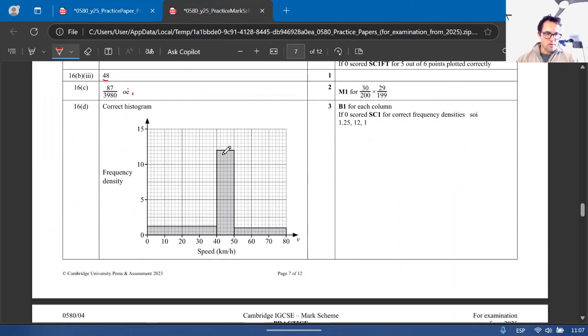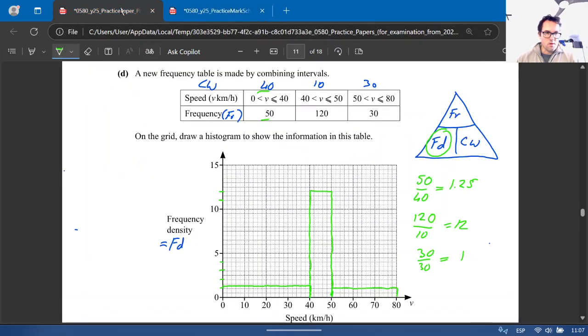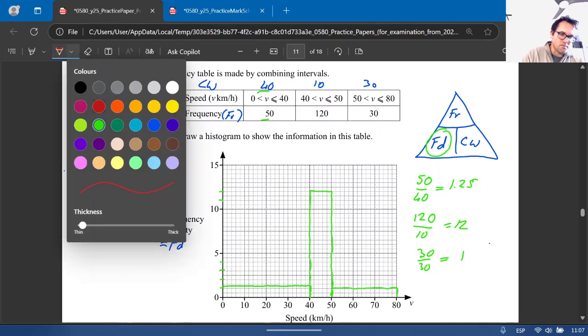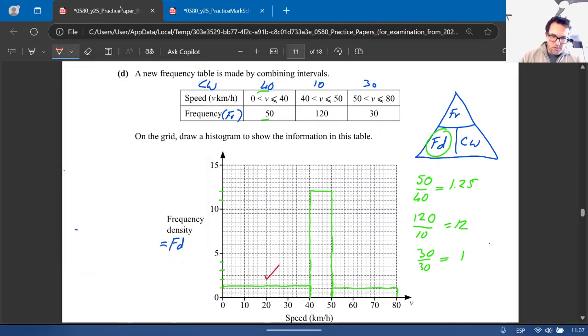Let's look at the mark scheme. Yep, look at that one, 1.25. You get 1 mark for each correct column. Now if you didn't use a ruler and it's not perfect, you're going to lose a mark. There should be no gaps.